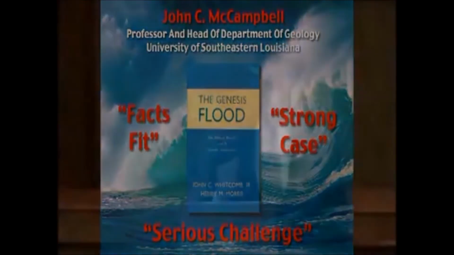Now, he didn't say their view fits, our view doesn't, but he came pretty close. Even though he's an evolutionist, it does fit. And so when people say, well, there's just no way that a flood can explain what we see in geology, well, they just don't know what they're talking about.